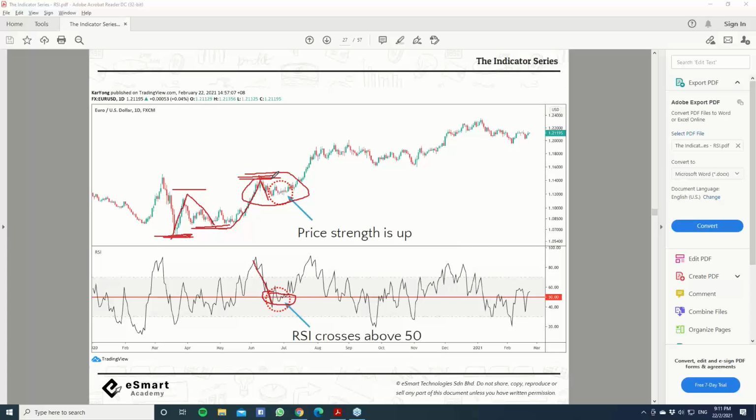It's technically in an uptrend, so you would like to focus on buy, because the price chart tells you it's an uptrend. You want to focus on the buy, and then from here you realize that RSI starts to cross above the 50, which tells you that after this higher high, higher low, and after this correction consolidation, the momentum RSI indicator tells me that it's starting to go up already.